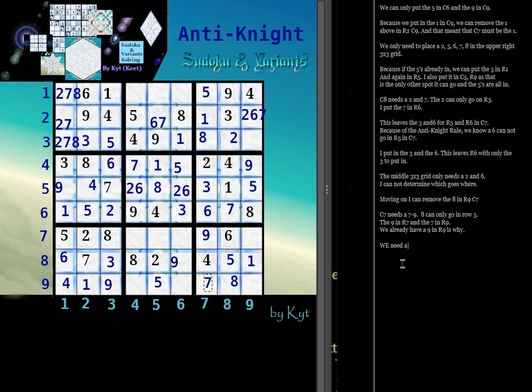Okay, we need a 2 and 3 in column 9, row 7 and row 9. But we already have a 2 in row 7, so I put the 3 here and the 2 in row 9.